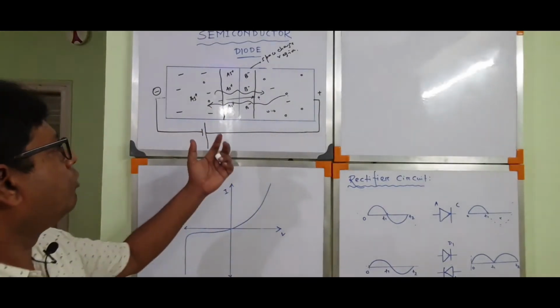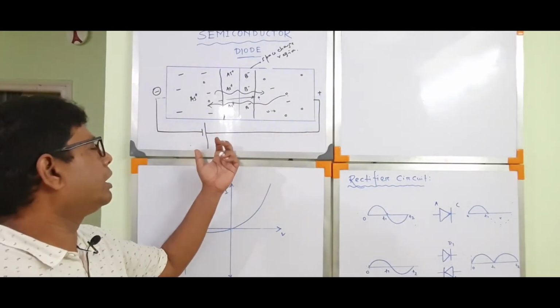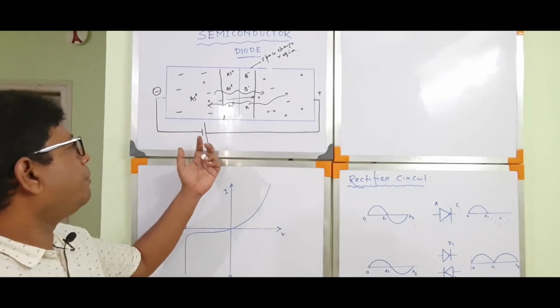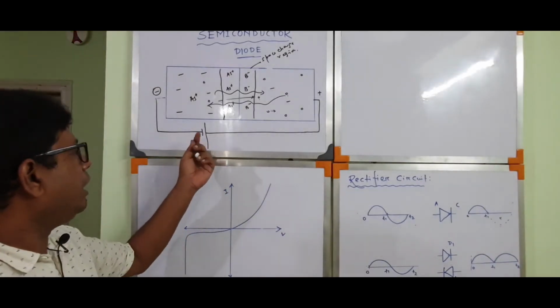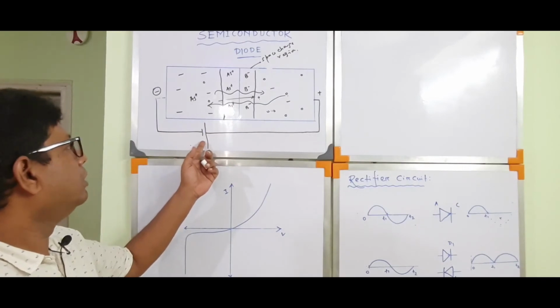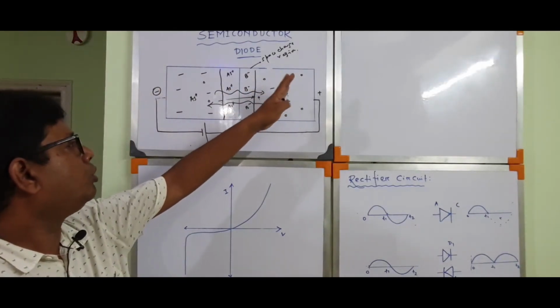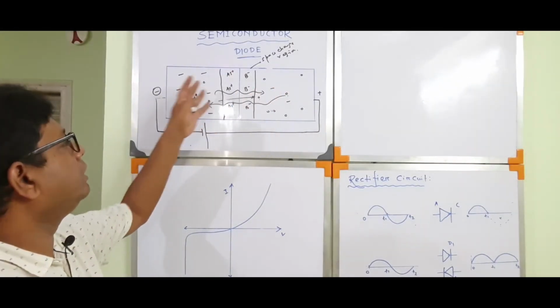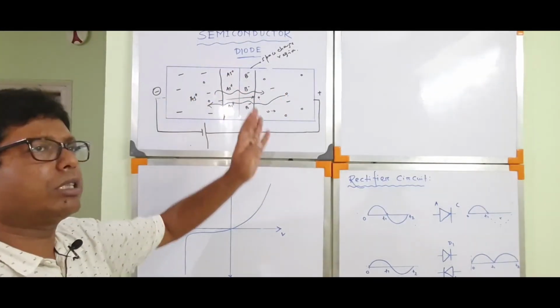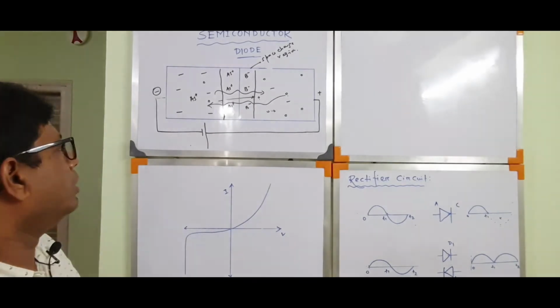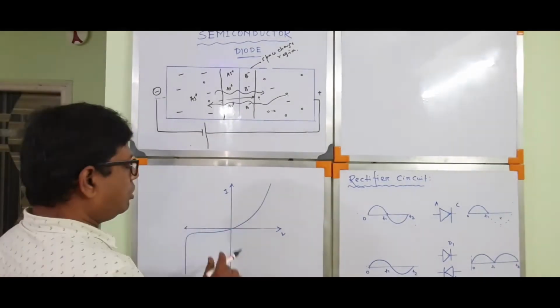So this is called forward biasing of the semiconductor diode. Forward biasing means if you enhance the level of voltage, the number of free electrons as well as the number of holes which will try to move from this side to this side and this side to this side increases, and the current flowing through the circuit will be more. This will be represented by a graph.